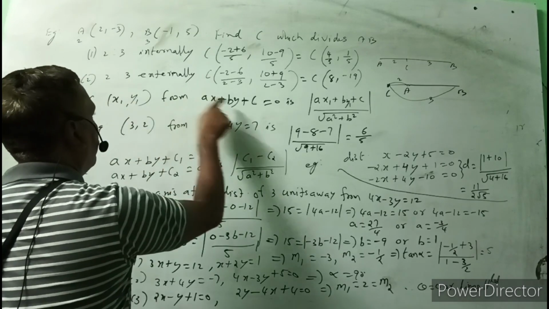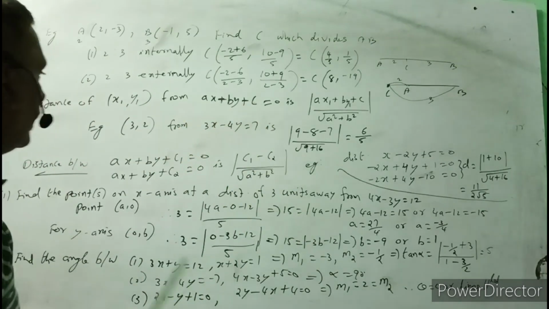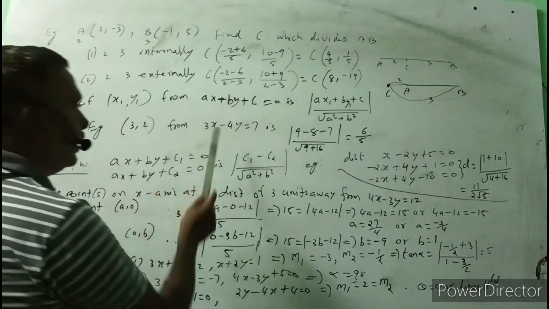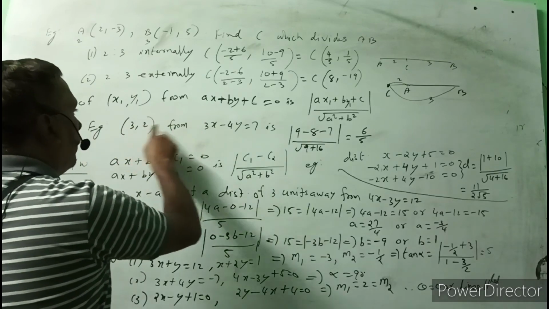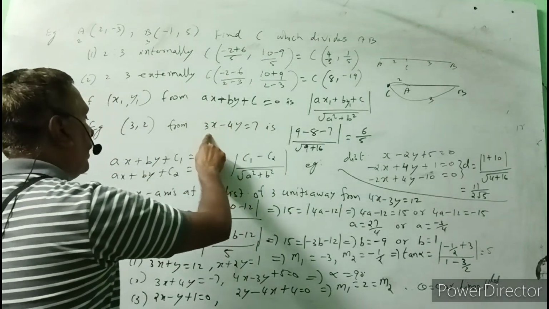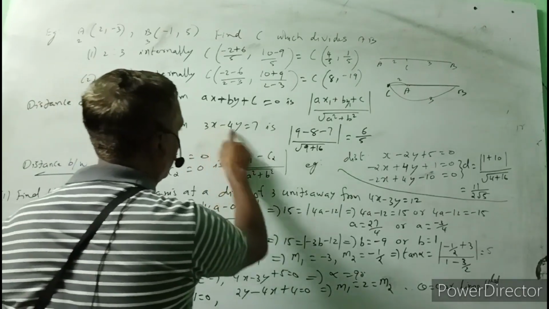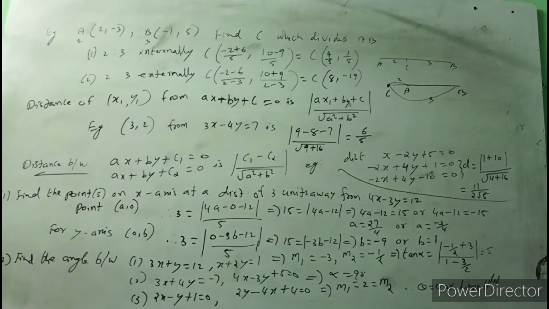So |ax1 + by1 + c| upon root of a square plus b square. For an example, the distance from 3,2 to this line is modulus 3 into 3, 9 minus 8 minus 7, divided by root of 3 square is 9 plus 4 square is 16. So you will get the distance is 6 upon 5.